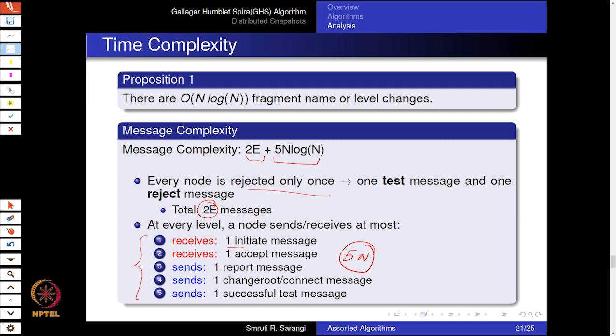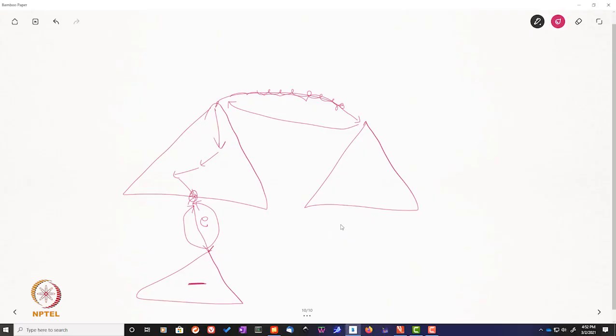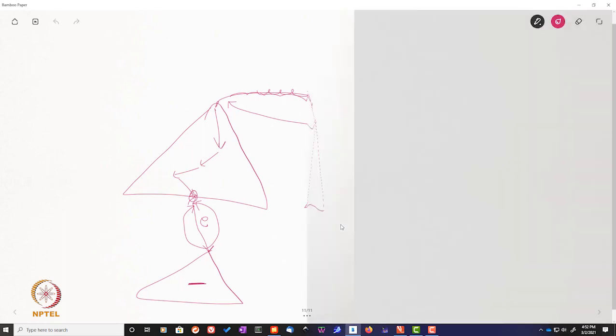So I would like to make a slightly tighter claim over here. The claim that I'm making is that any fragment with level L has at least two raised to power L nodes.